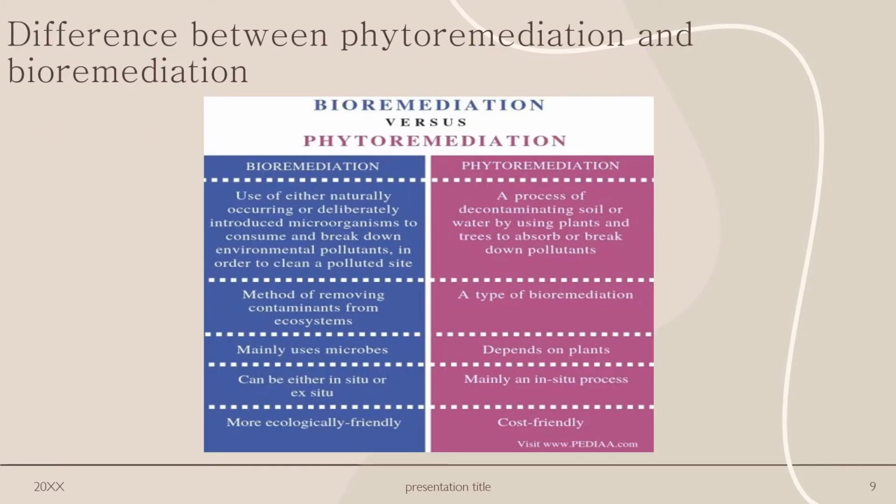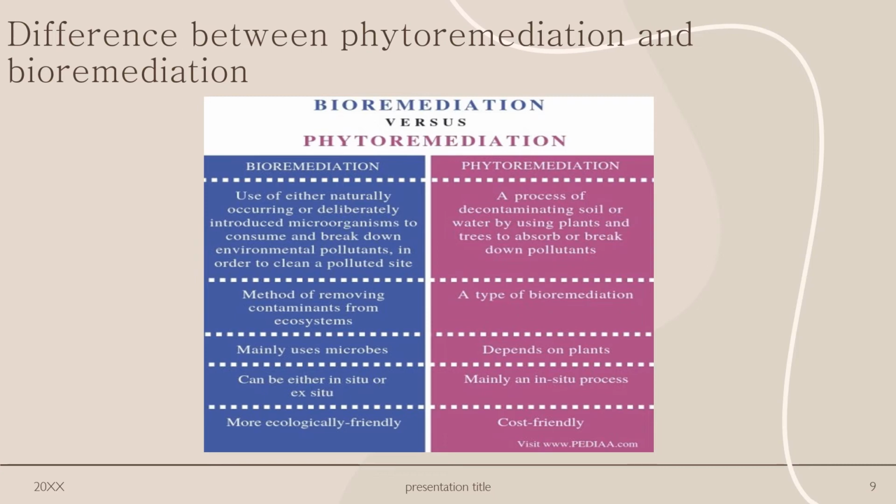Now, there is a difference between phytoremediation and bioremediation. Bioremediation makes use of either naturally occurring or deliberately introduced microorganisms so that they can consume and break down the environmental pollutants so that the polluted site can be cleaned.